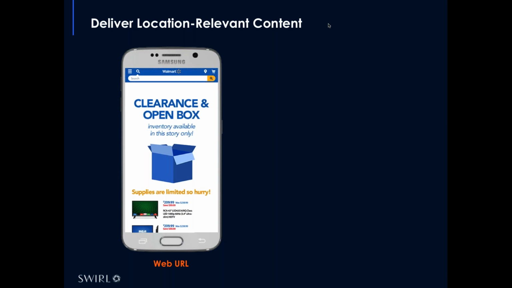Imagine that you walk in the store and Google Nearby sends you a message that says, hey, welcome to this particular retail store. I have in back special clearance or open box inventory, which is at a huge discount that I'm looking to get rid of. It's in stock today. If you're interested, here's the list of inventory that we have available. Let us know and grab a sales associate and they'll be glad to help you out.